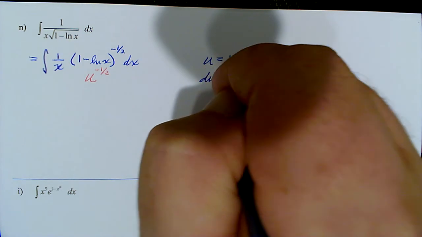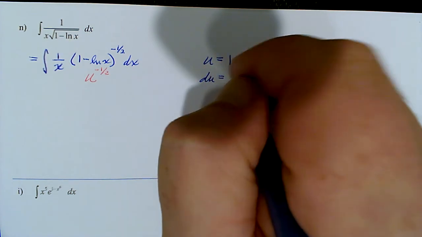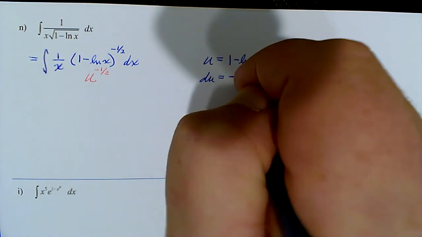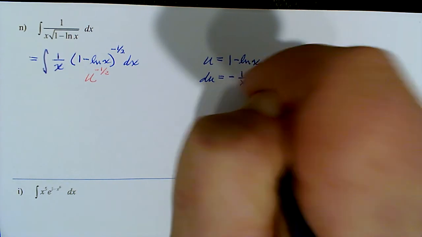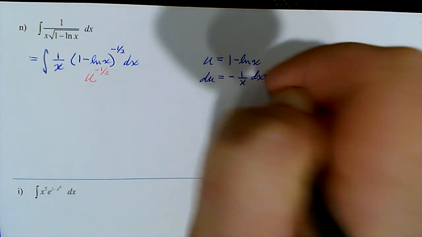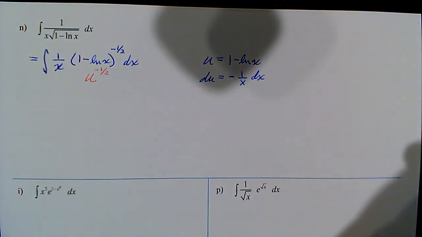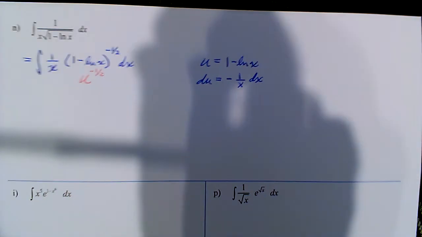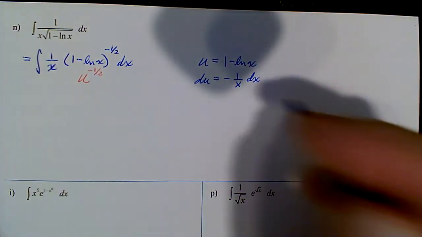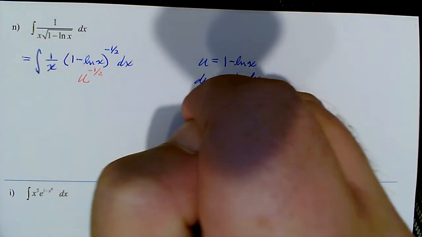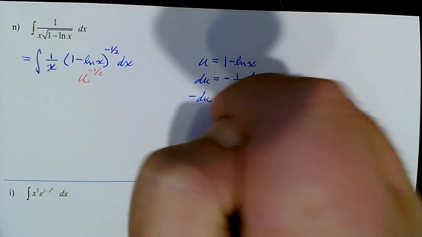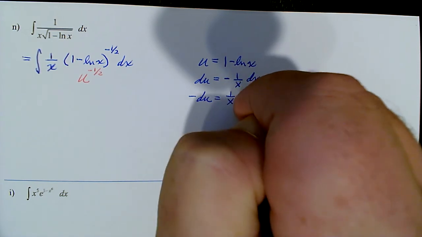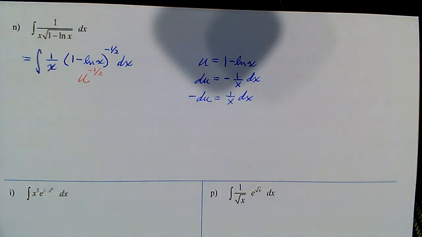And our du is the derivative of 1 is 0, this negative tags along, derivative of the natural log of x, 1 over x, formally in differential form the dx as well. And now we modify by the negative, so we get negative du is 1 over x times the differential dx.